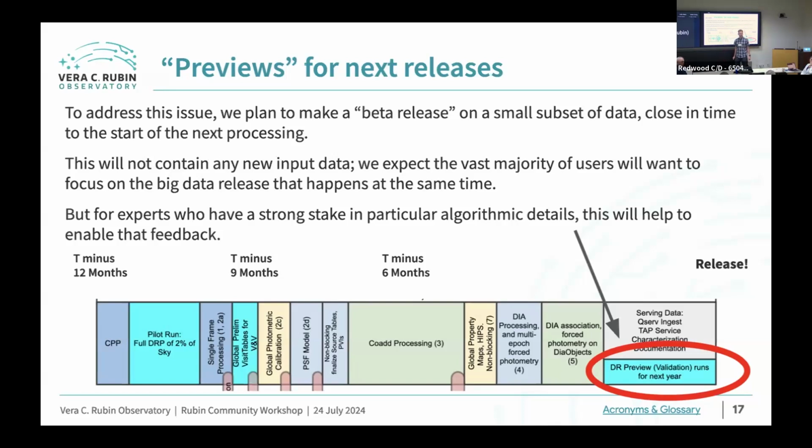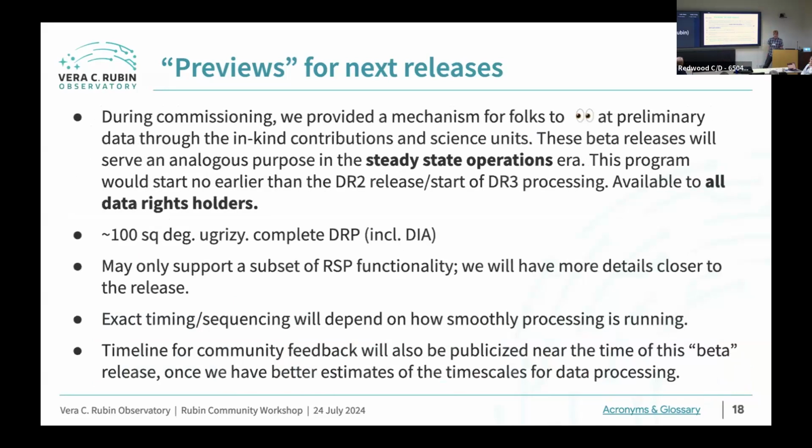You mentioned a small subset. How is that defined? Is it, let's say, 1% of the objects of all the batches, or 1% of the batches? Do you know what the definition of the small subset is? The idea right now is 100 square degrees. I don't know if the user wants to comment on comparing that to other data sets.